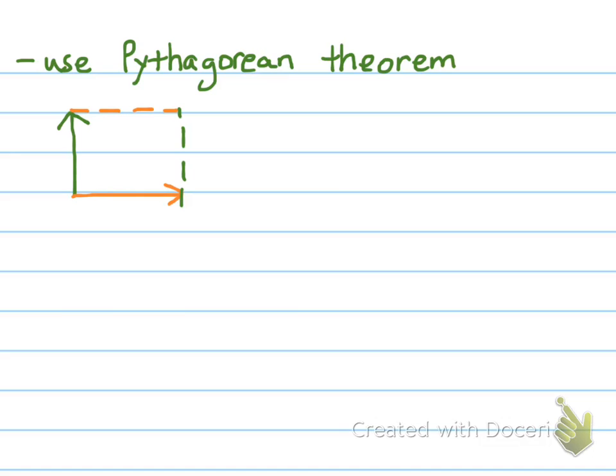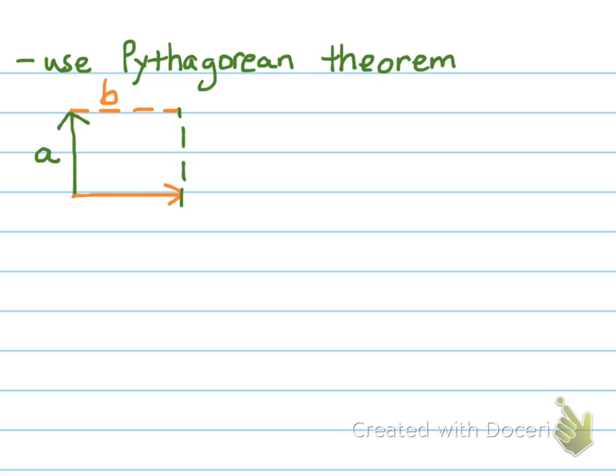And in the Pythagorean theorem, one of our sides is A. The other one of our sides is B. And remember, you're forming a triangle here.